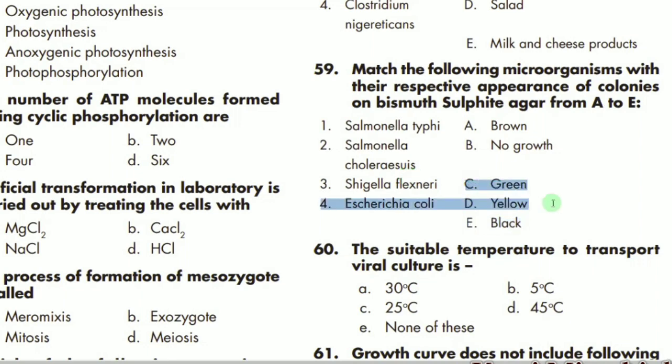So C is the correct option. Then Salmonella flexneri produces brown colonies. So A is the correct option. Then we have E. coli. E. coli produces no growth. So B is the correct option, because this media is especially for Salmonella and Shigella.